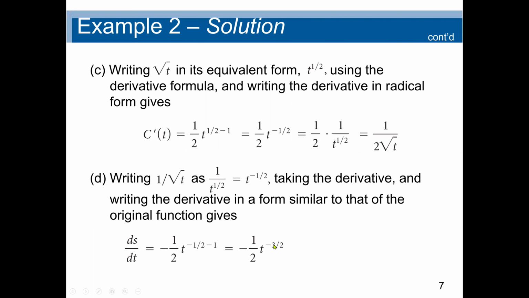T to the power negative 3/2, because minus half minus 1 is minus 3/2. So we can also bring the t down and change the exponent to positive. So we get 1 over 2 times square root of t cubed, which is the same as t to the power 3/2. Then we shouldn't forget the negative also, it's negative half.